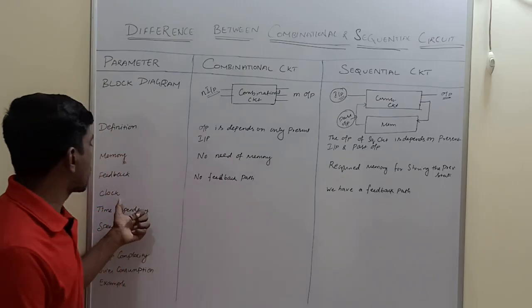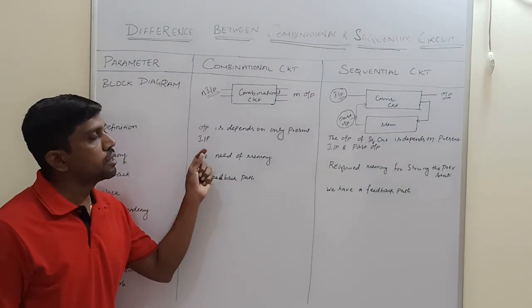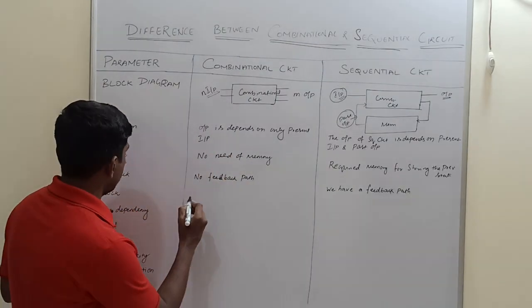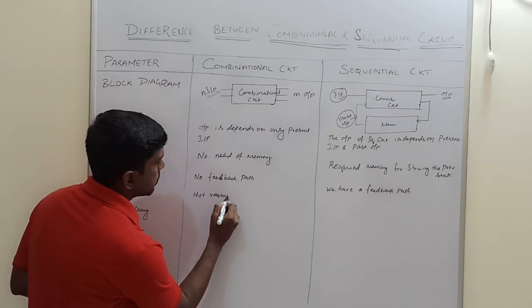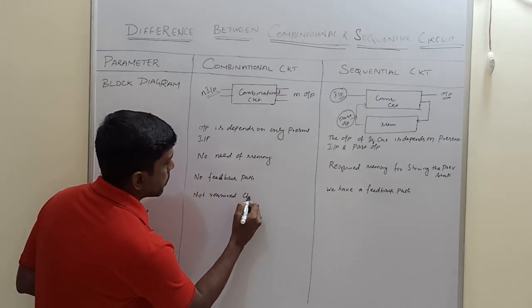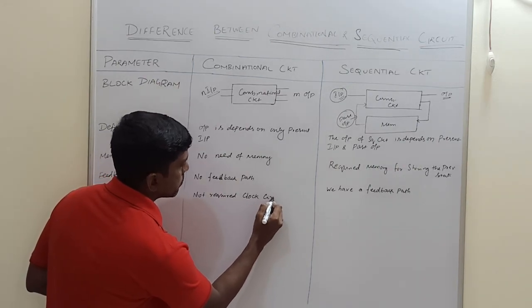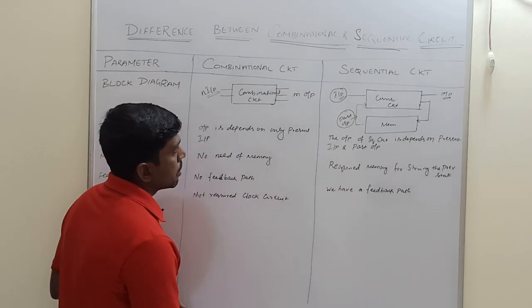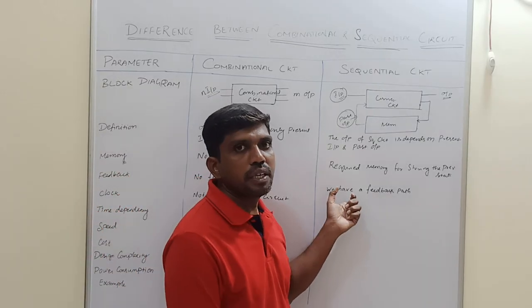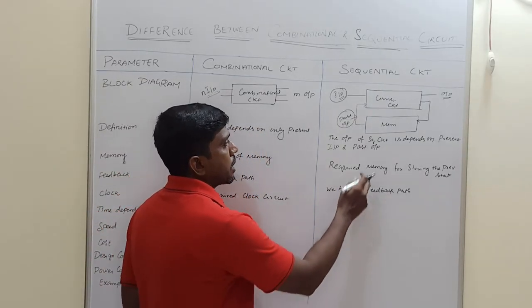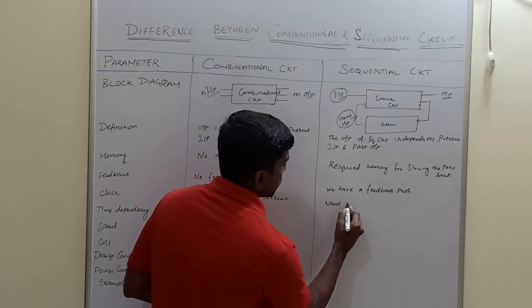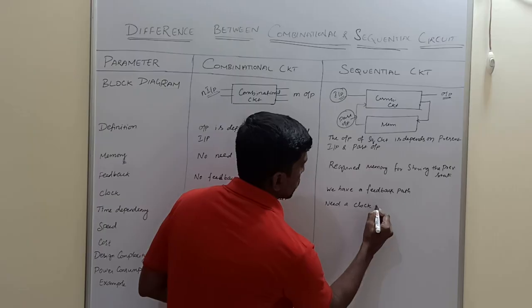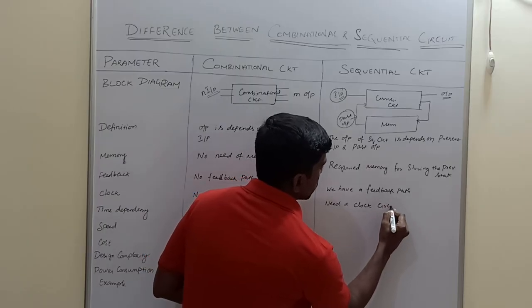Next one, clock. In the combinational circuit, no clock circuit is required. But the sequential circuit needs a clock circuit to activate the flip-flops.